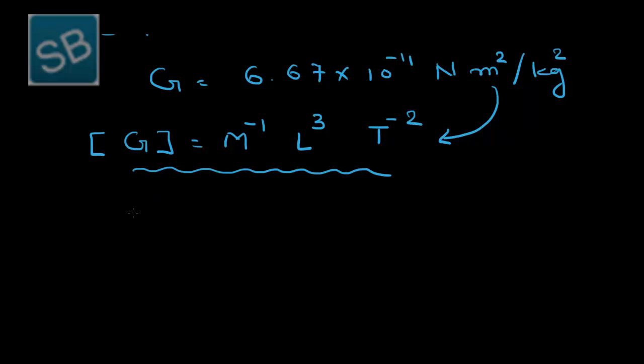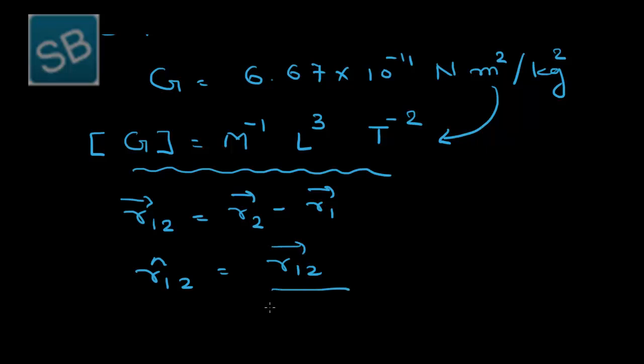Now if you consider the distance between two particles 1 and 2, it is given in this way: r2 vector minus r1 vector, and the unit vector for this I can determine by dividing the vector by its magnitude.